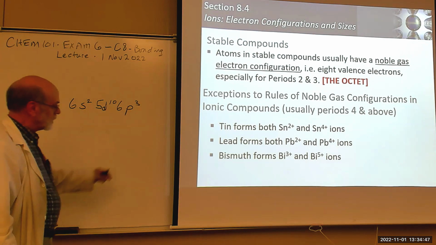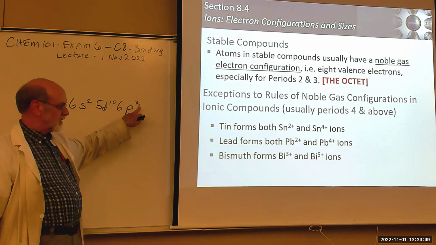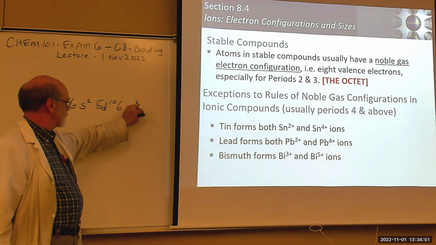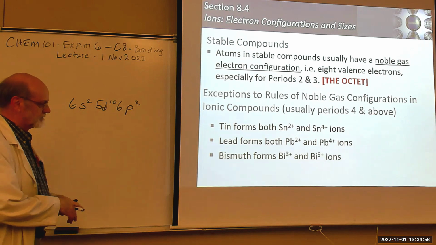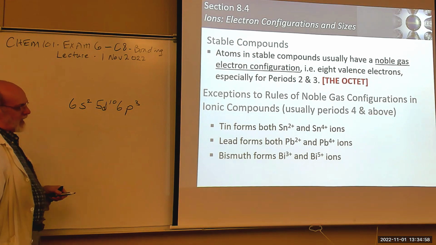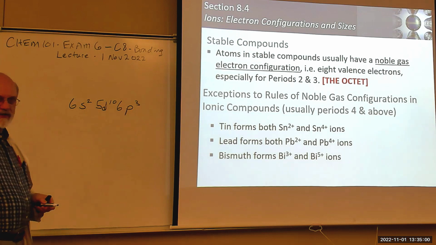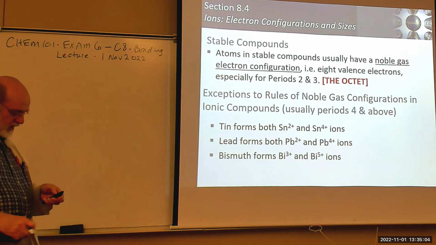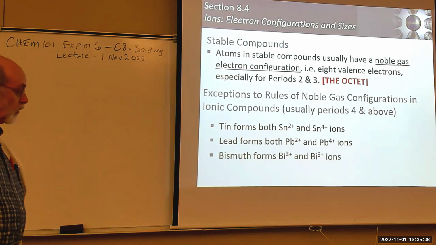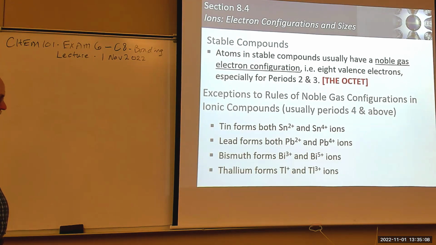Right? So if it loses these 3, then it makes a 3+ ion. If it loses these 3 and those 2, it makes a 5+ ion. That's good. I don't know if it's an explanation or a rationalization, but it works. Explaining how these ions form and why they form the way they do.